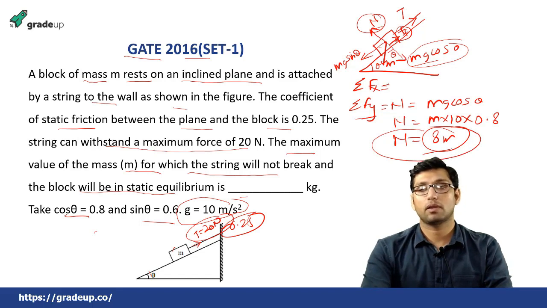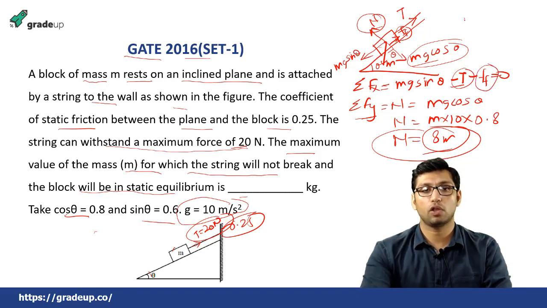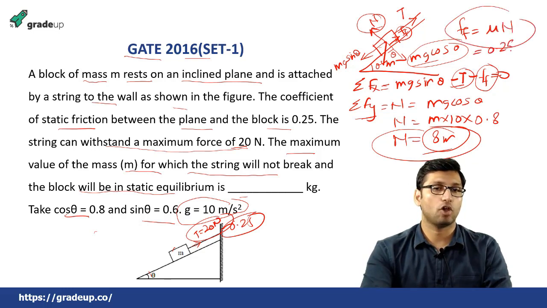Now if we apply equilibrium of forces in the x direction, this will be mg sin theta minus T minus frictional force equal to 0. This tension is given to you as 20 Newton. And you know that frictional force is equal to mu into the normal force. Mu is given as 0.25 and the normal force is 8m.